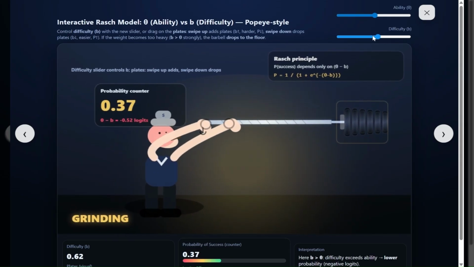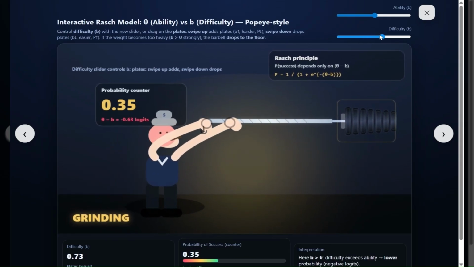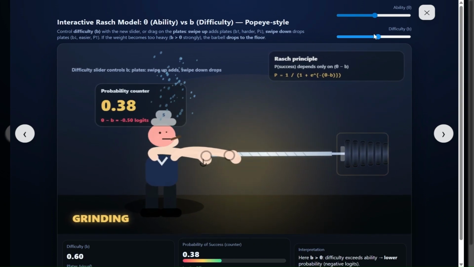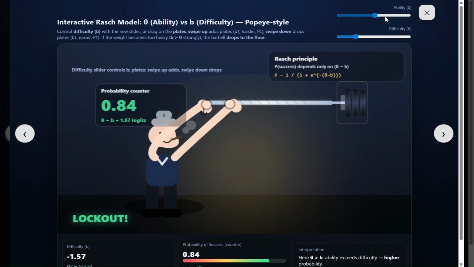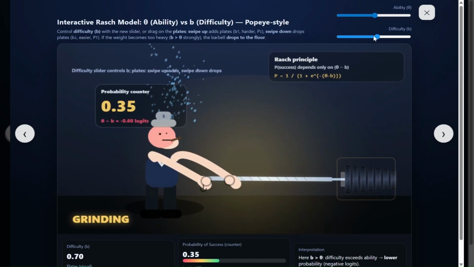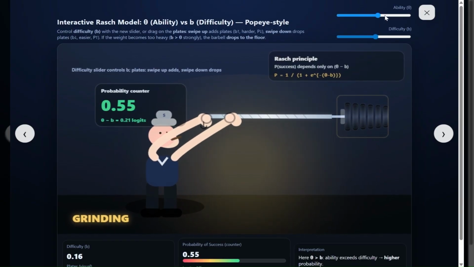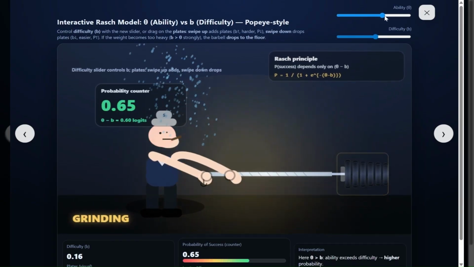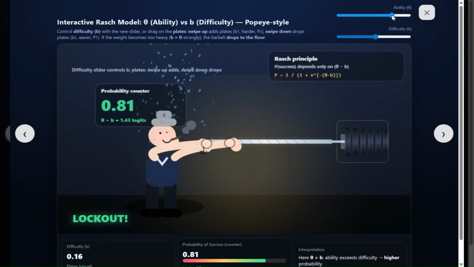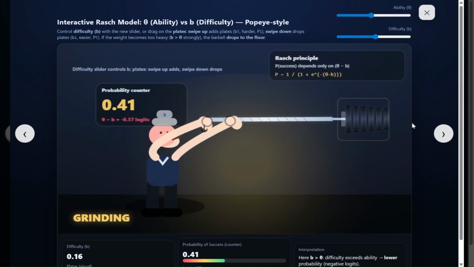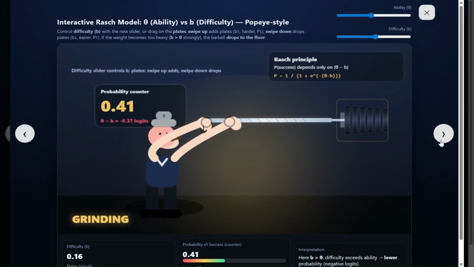Changing the heaviness of the barbell, the ability will remain fixed, even though the probability of success is changing. And when we change the ability for the same barbell, we change the people, but the barbell still has the same difficulty. So there is a kind of independence between difficulty and ability.